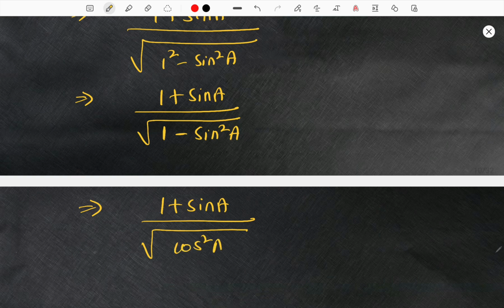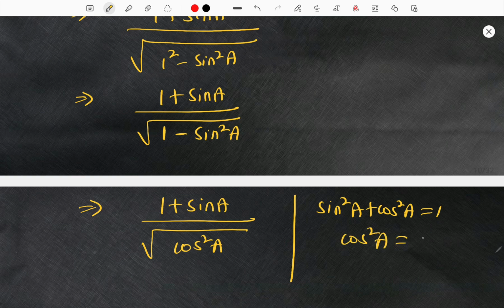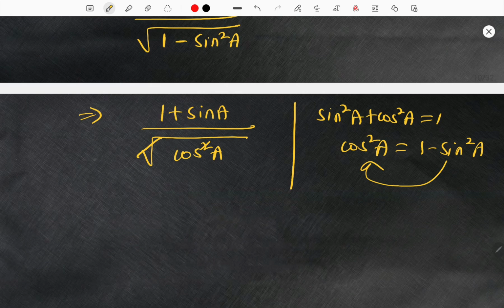Cos square A, right? Because you know the formula. What is that formula? Sine square A plus cos square A is equal to 1. So if you send that sine square A to that side, what remains here? Cos square A. Cos square A is equal to 1 minus sine square A. So 1 minus sine square A we can write as cos square A. Here square and square root get cancelled.